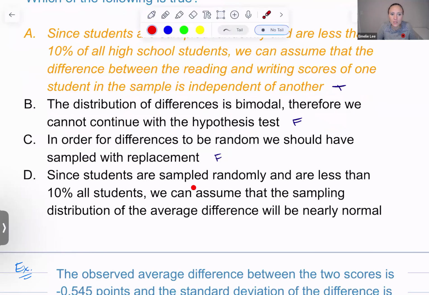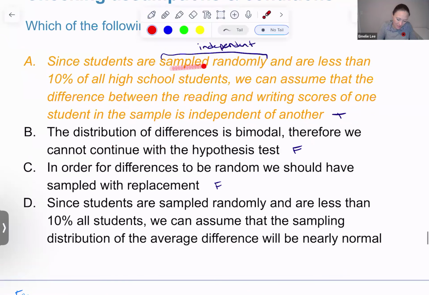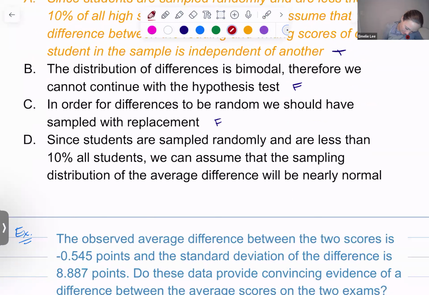Since students are sampled randomly and are less than 10% of all students, notice that this is the same as what we had in A, right? We can assume that the sampling distribution of the average difference will be nearly normal. But that's not how we check normality, right? And so this is the problem. To check if it's nearly normal, we need n to be greater than or equal to 30.